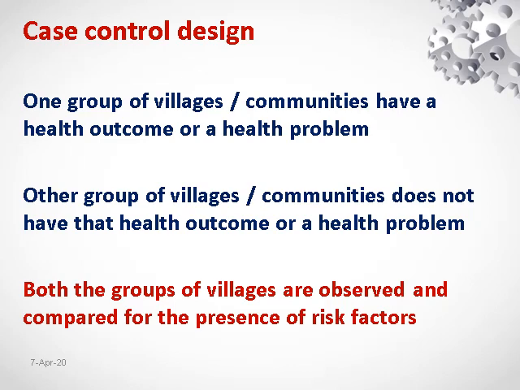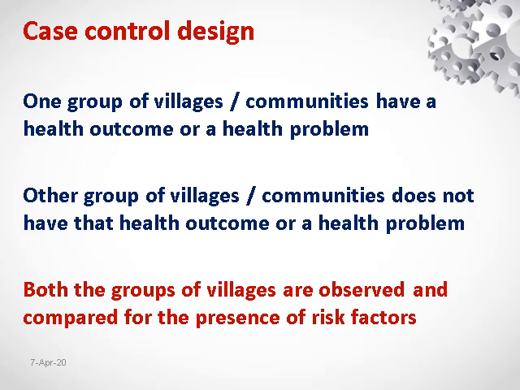Case control design. Case control design, the name means, case means patients. Control means comparison group. Case control design means one group will be having some disease. One group are patients. Other group are comparison group. They are not patients. They are not having the disease.